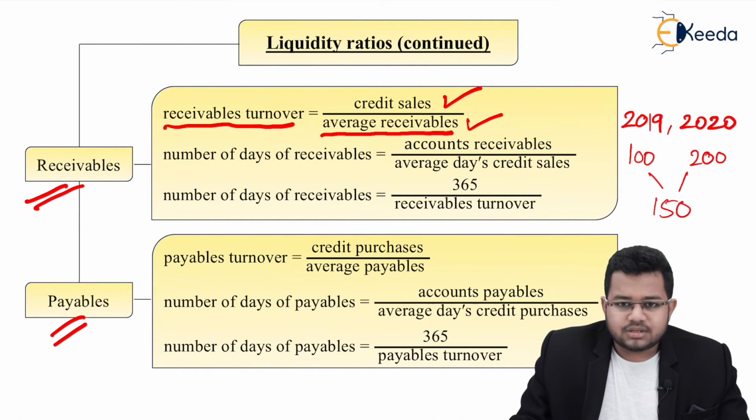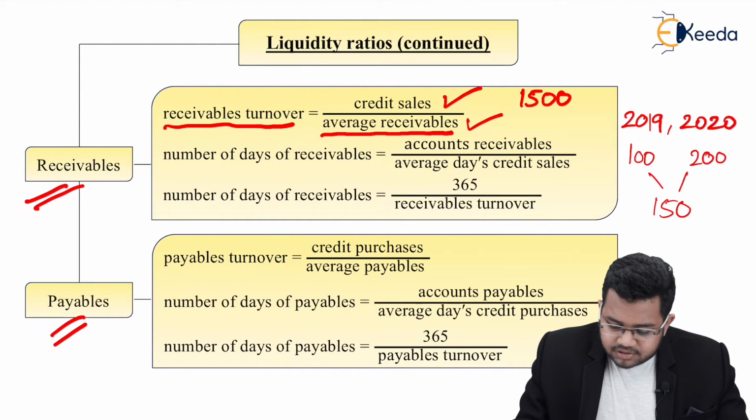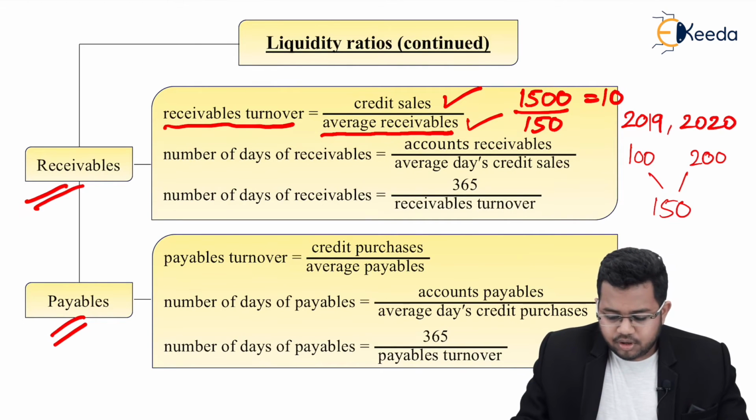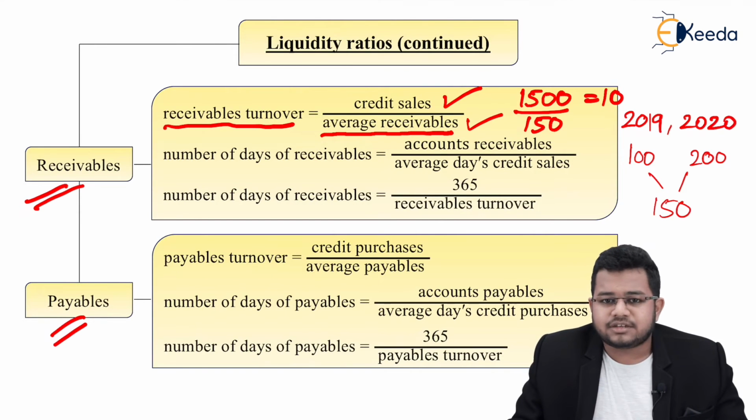Now let's assume the credit sales in the year were 1500. You divide by average receivables of 150. Your answer is 10. Now how do you interpret 10? So 10 is nothing but the receivables turnover. What do you mean by turnover? Turnover is when you create receivables and you collect cash out of them.